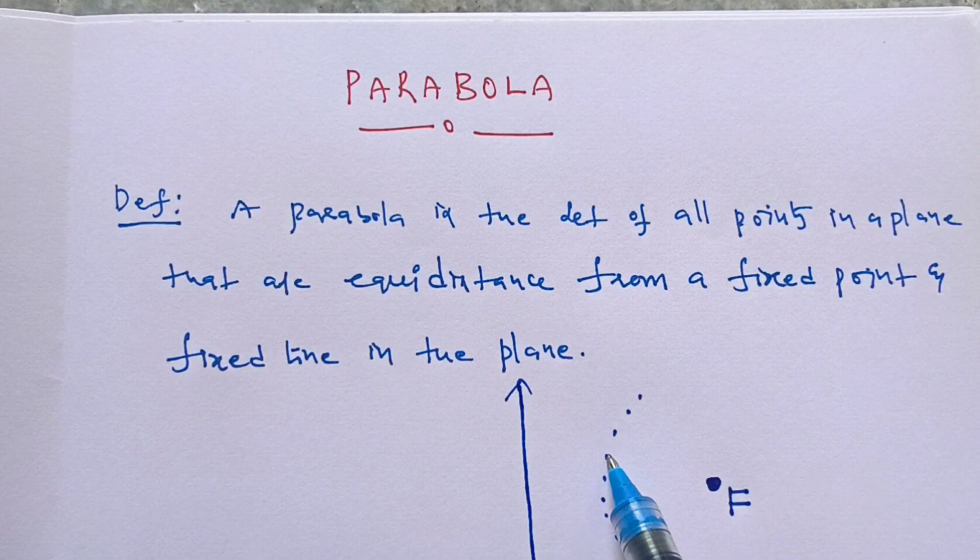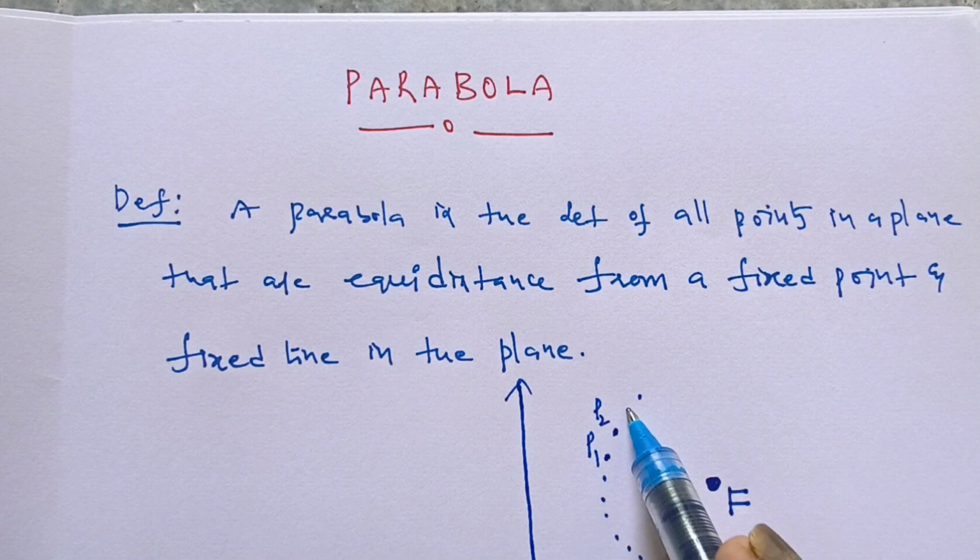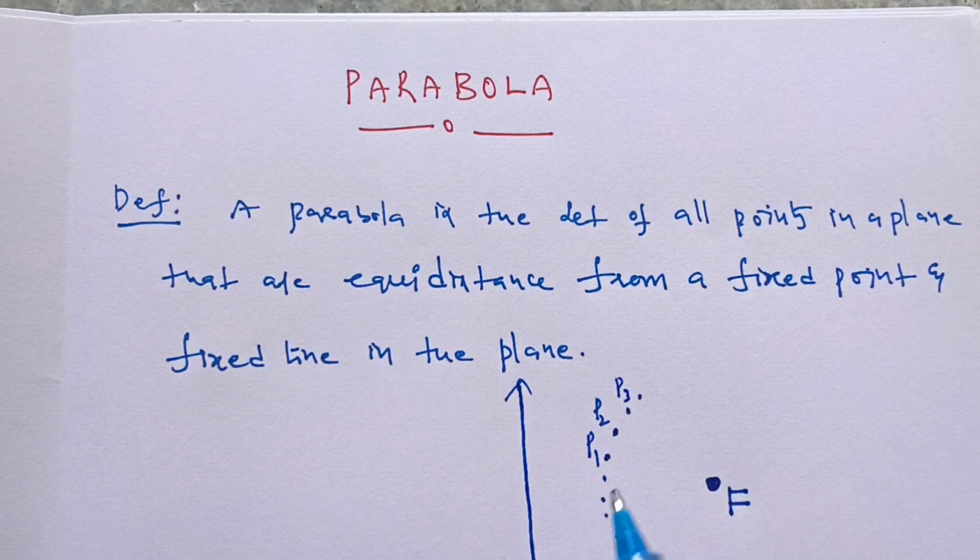So if we take any point on this curve, P1, P2, P3 and so on, these points are equidistant from the fixed point and the fixed line.